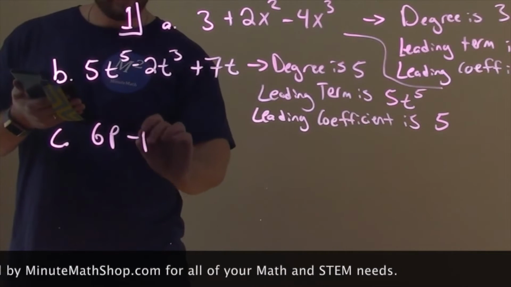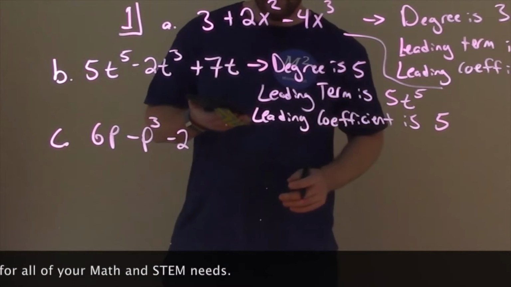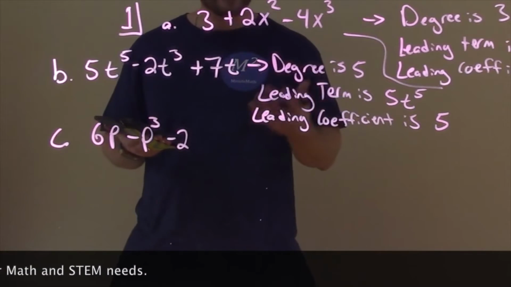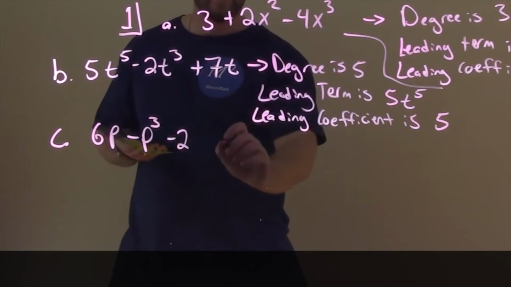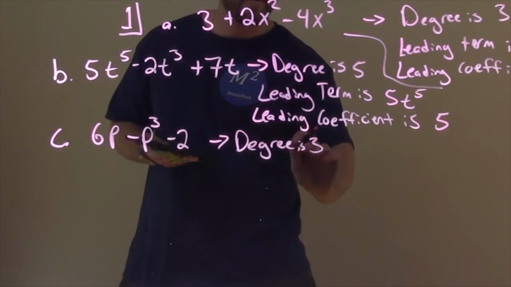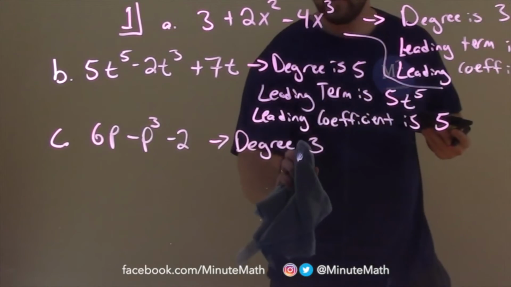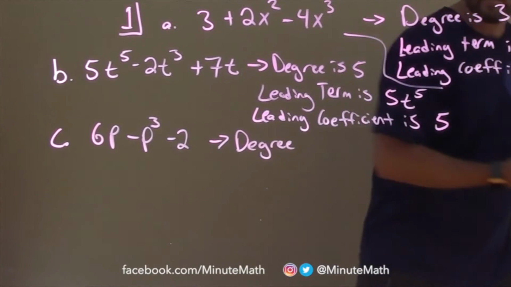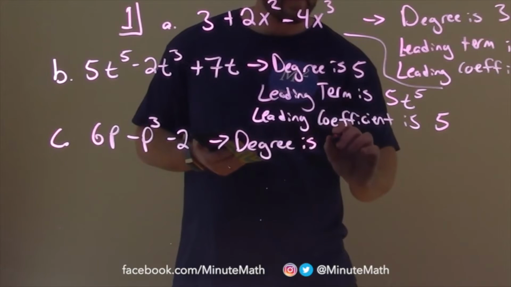6p minus p to the 3rd power minus 2. So what is our highest exponent on a variable? That's going to be right here, that 3. So our degree is 3. The only problem is my 5s look like my s's.